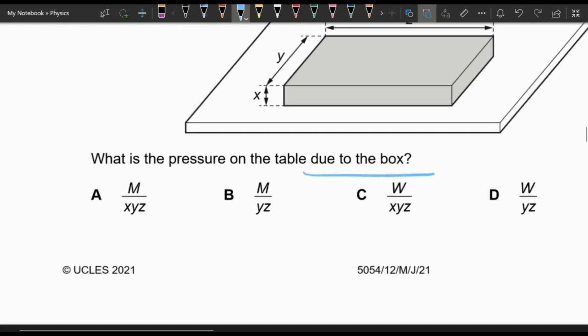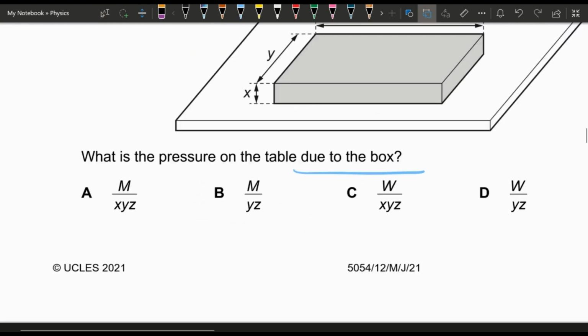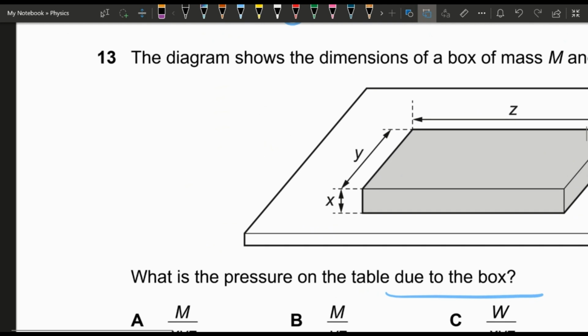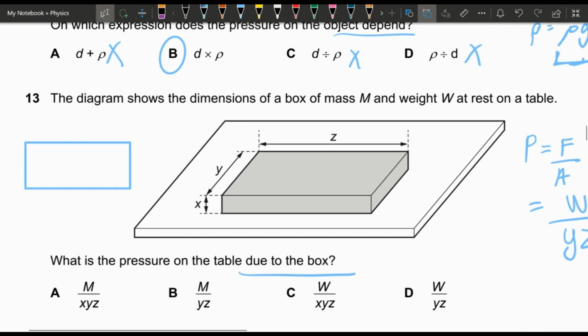So let's suppose this is the rectangular block, right? This is the rectangular block, right? So let me draw it over here. If you see, I'm drawing the lower surface, right? So for pressure, we will always select that surface that is in contact. So I won't do x times y times z. Why? Because only y times z.